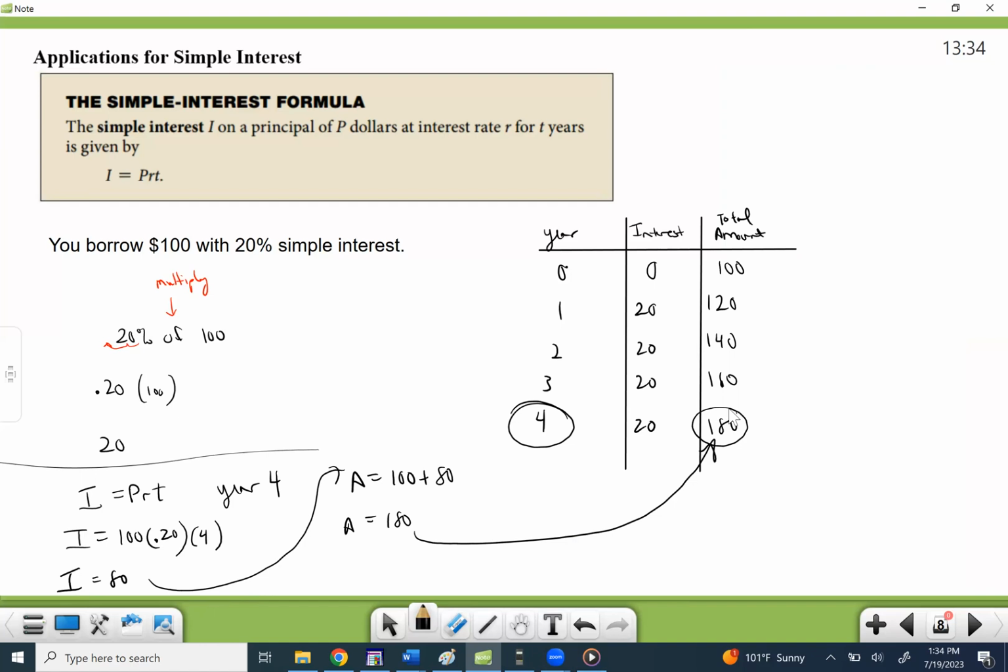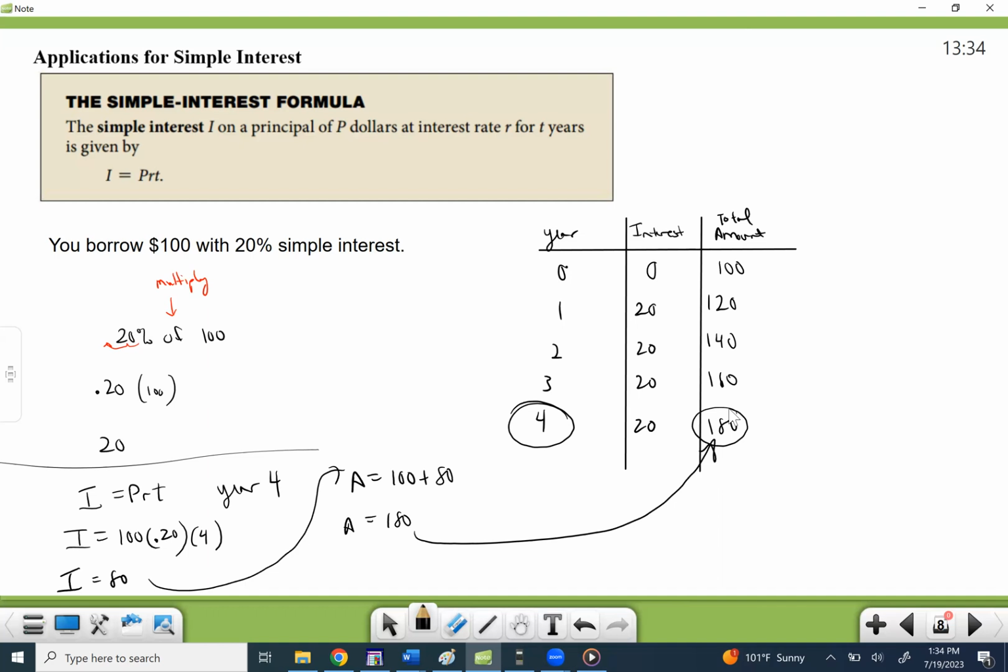So the main takeaway: simple interest means that you're only going to get interest on the original amount. They are not going to give you interest on the interest. We'll learn about that later. That's called compound interest. Simple interest is actually very hard to find. Of course, your credit card companies want to charge you interest on the interest, right?